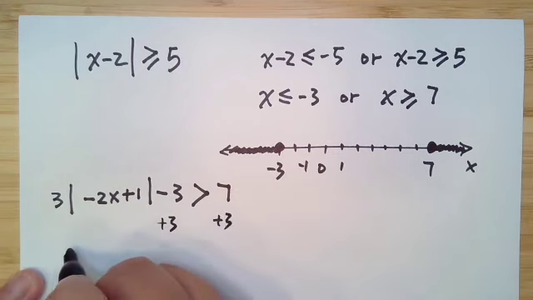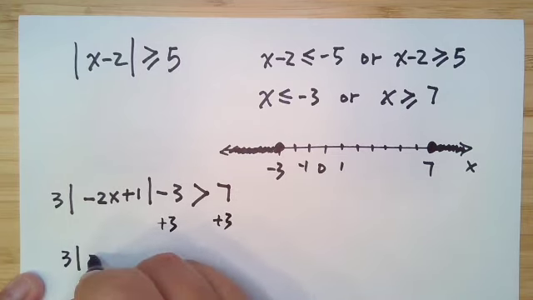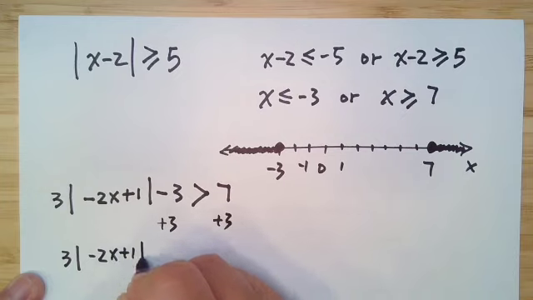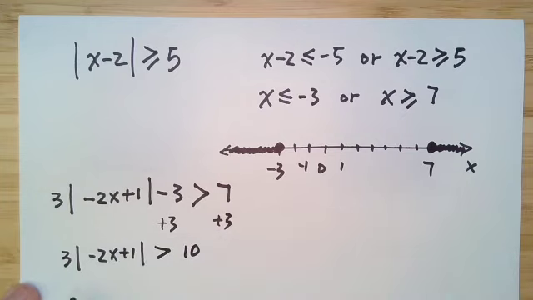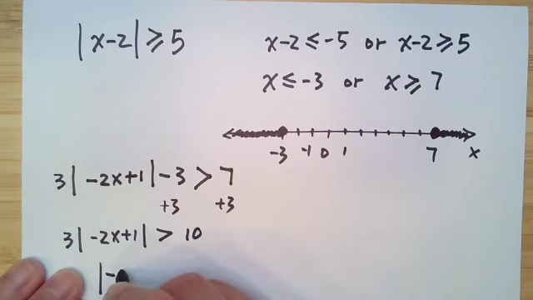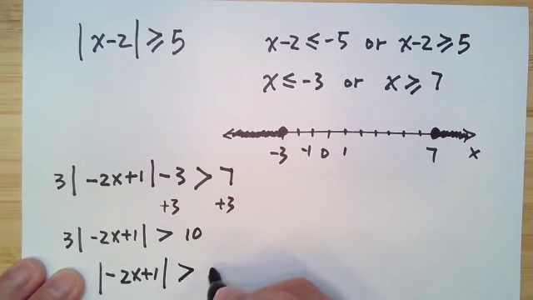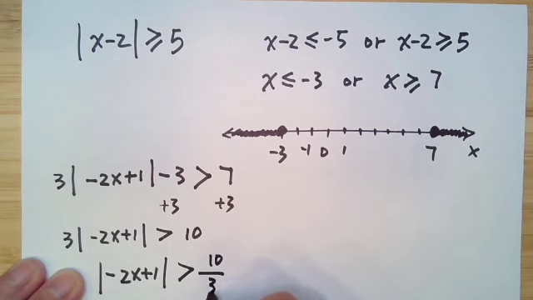Then we have 3 times the absolute value of -2x plus 1 greater than 10, right? And then we are going to divide by a positive 3. So I have the absolute value of negative 2x plus 1 greater than 10 over 3.